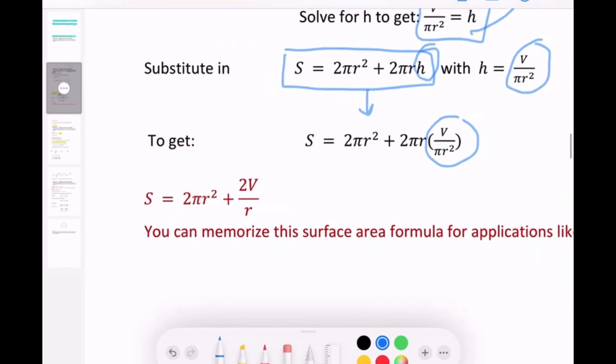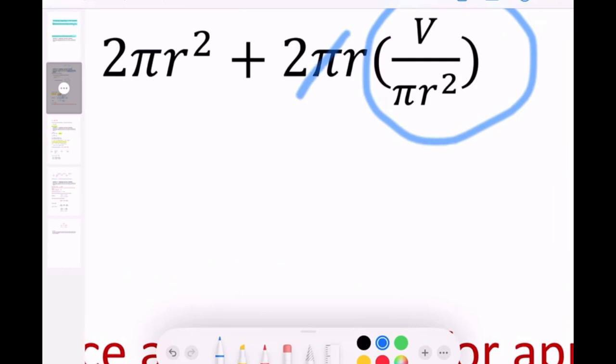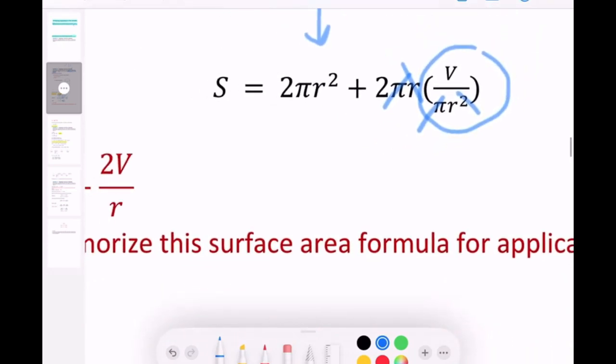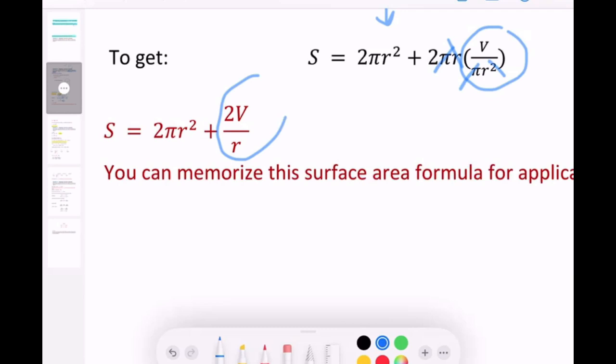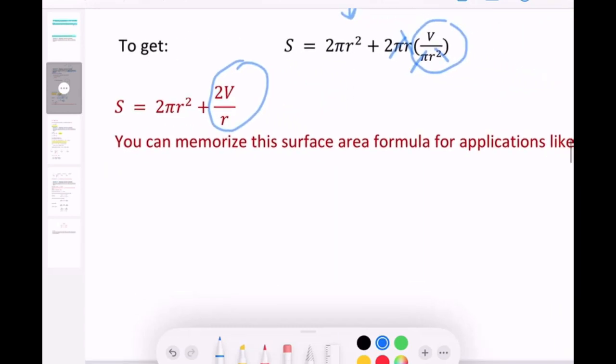And then I can simplify. Can you see that we can cancel this pi with this pi and this r with one of the r's in our square? So we get only 2v over r. This is after we simplify. Now, we can use this to solve our problem.